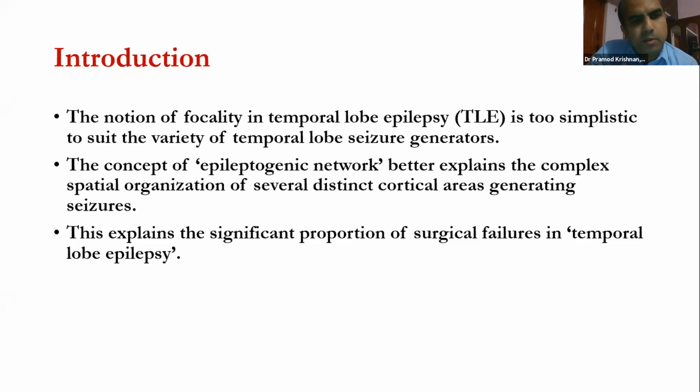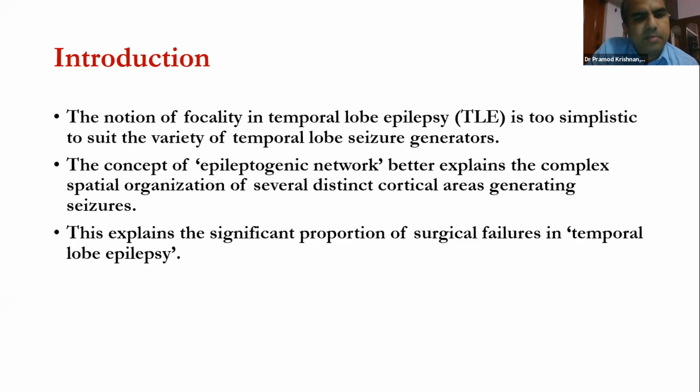So basically, to try and make this focal epilepsy a localized phenomenon in a particular part of the brain, that is too simplistic a concept, because the temporal lobe seizure generators can be quite complex. That's why we have gradually transitioned now to the concept of epileptogenic networks. This better explains the complex connections between different lobes and how they can be part of the same epileptogenic network in generating the seizures.